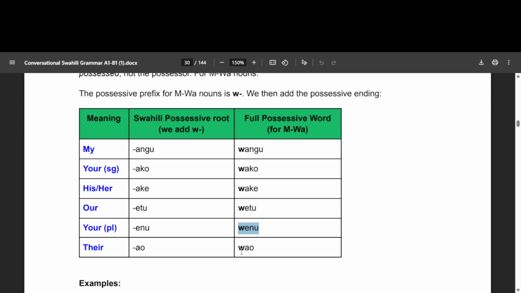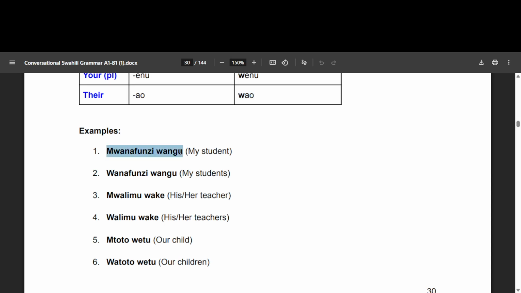Examples in sentences: mwanafunzi wangu, my student. Wanafunzi wangu, my students. Mwalimu wake, his or her teacher. Walimu wake, his or her teachers.